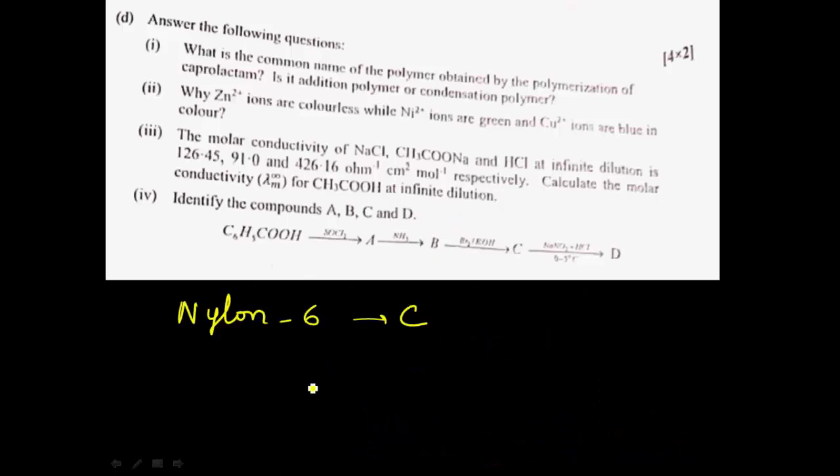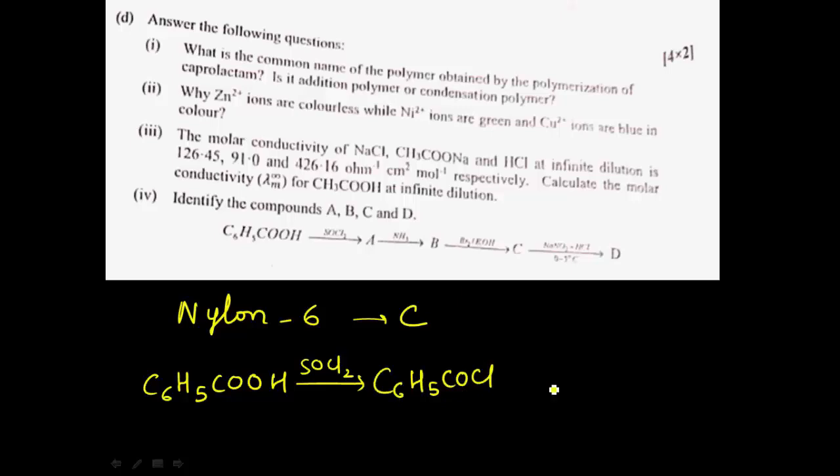The next question is to identify the compounds. Okay, let's do this. We have C6H5COOH. When we give SOCl2 here, we get benzoyl chloride. Now we react this with NH3.